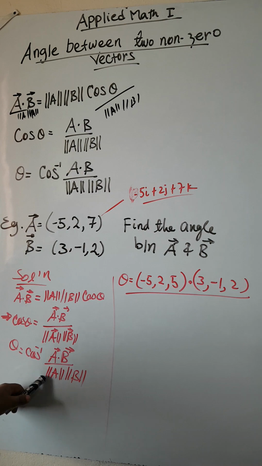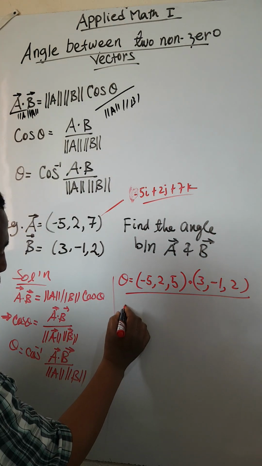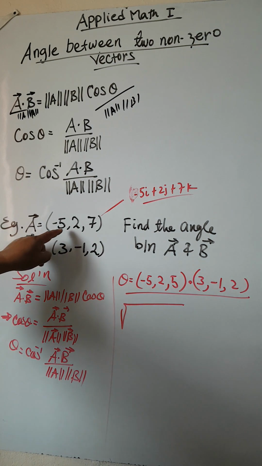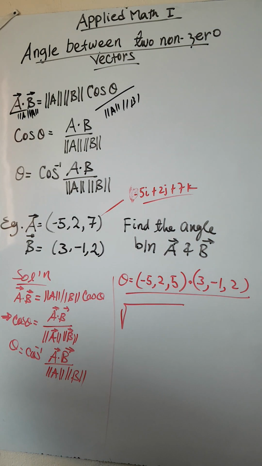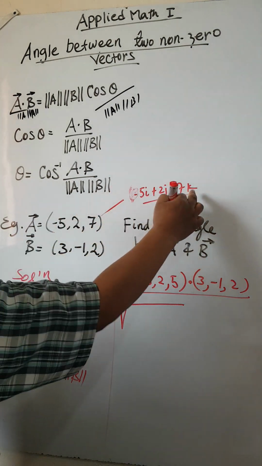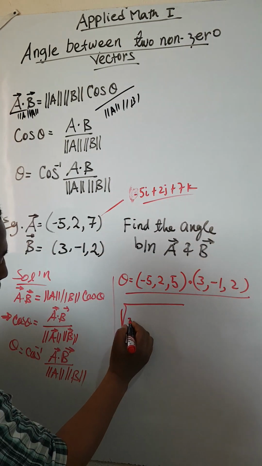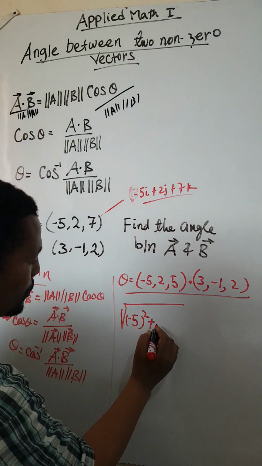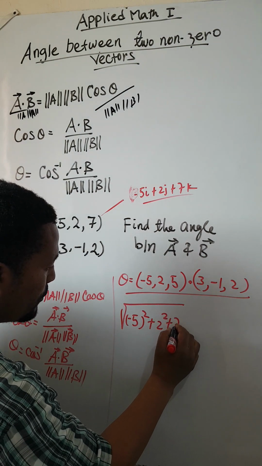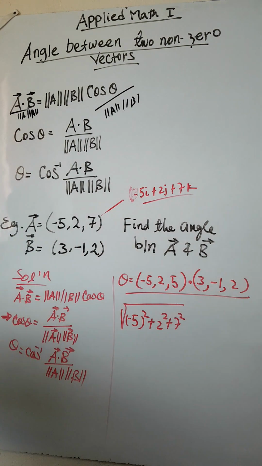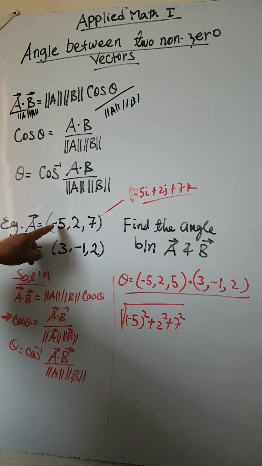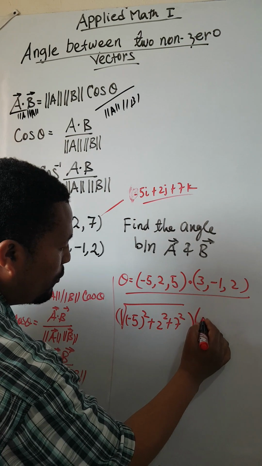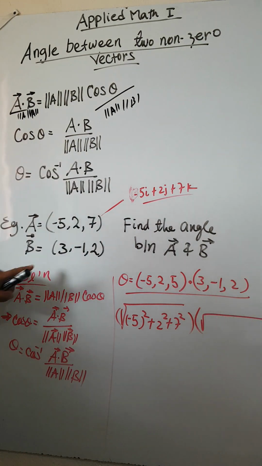Norm of a is equal to the square root of the sum of the squares of these coefficients of the direction, the unit vectors. ስለዚህ this is -5 squared plus 2 squared plus 7 squared, this is norm of vector a times norm of vector b. ደግሞ ስንት ነው?